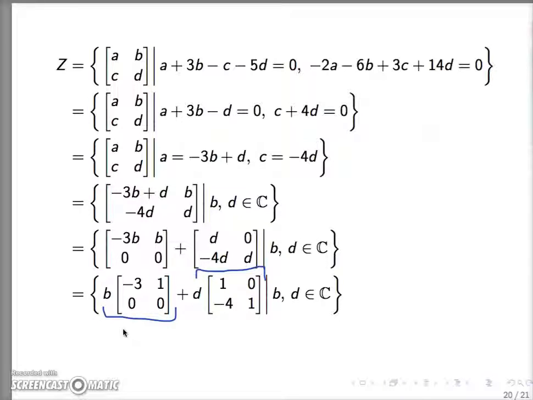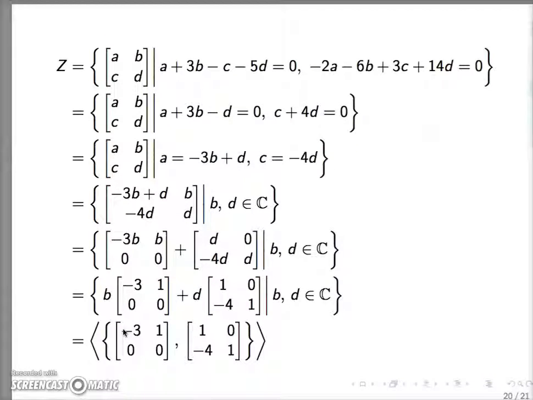By doing this, now we can say that Z really is a set made of linear combinations, because this is nothing other than the span of the set containing this matrix. You can think of this as some W1, and this could be some W2. So this looks like the span of a set that contains W1, W2.